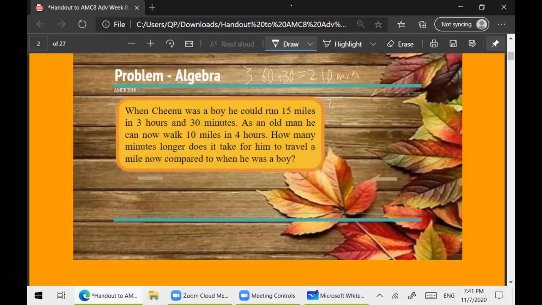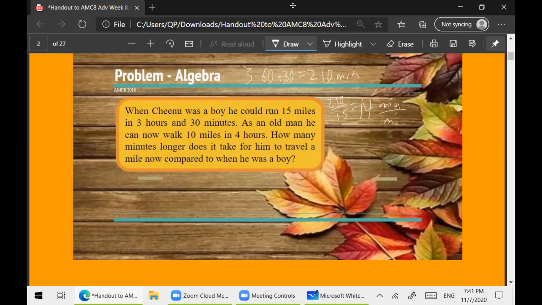And 210 divided by 15 is 14 minutes per mile.